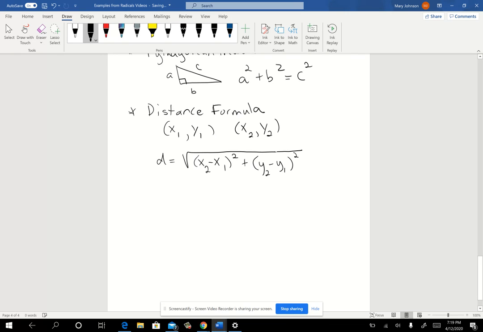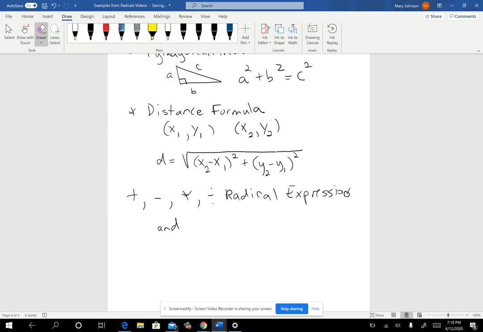Okay. After that, we're going to add, subtract, multiply, and divide radical expressions. Okay. And we'll learn that when you're adding and subtracting, let me change that. That looks like multiplying. When you're adding and subtracting, you need like radicals.